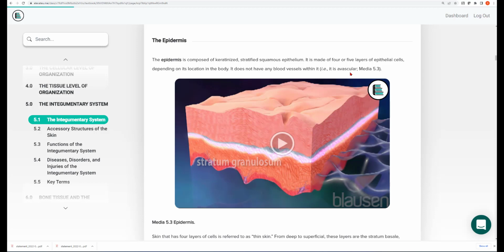Now, I want you to think for a moment, think back to the connective tissues, what other tissue was also described as being completely avascular? And you may recall that was cartilage. So mature cartilage is avascular, epidermis is avascular.